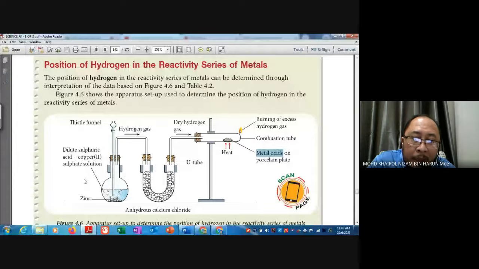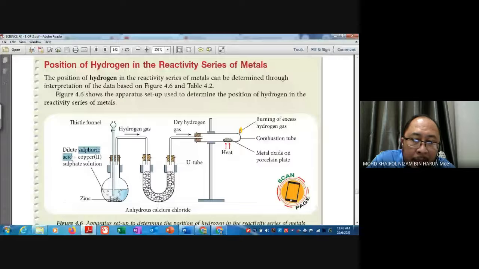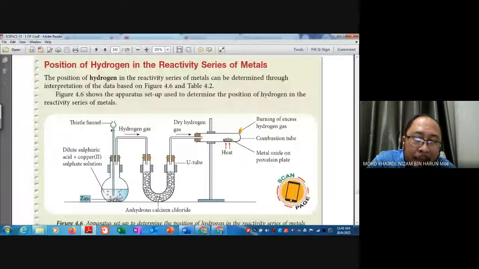When sulfuric acid reacts with zinc, one of the products is hydrogen gas. This hydrogen gas is produced in the flask, and then it is released and passes through the delivery tube.